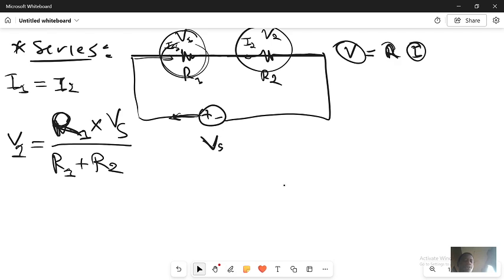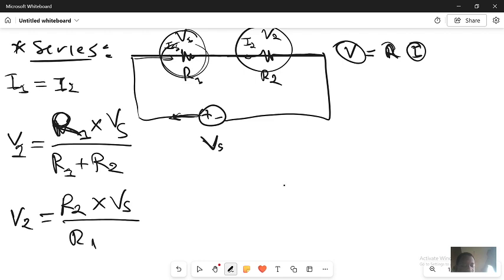If I had another resistor, it would be R1 plus R2 plus R3. Now, how do we determine V2? Since for V1 I used R1, for V2 I use R2: R2 multiplied by Vs divided by R1 plus R2.